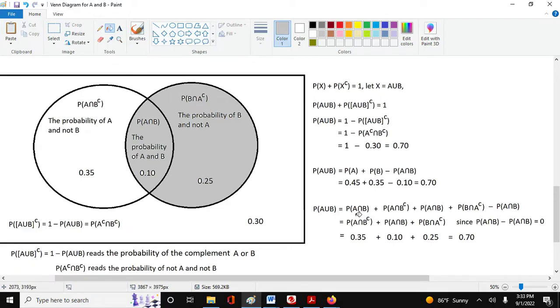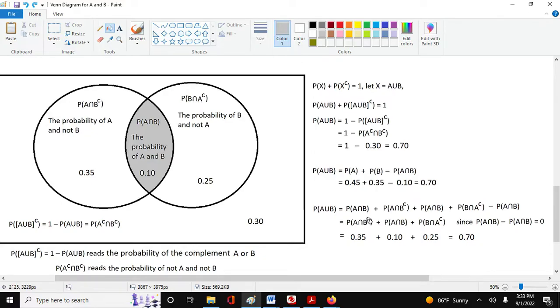We can rewrite probability of A as probability of A and B plus probability of A and not B, and we can rewrite probability of B as probability of A and B plus probability of B and not A. Well, if you noticed, this was added twice. What's in the middle? We have two of those, probability of A and B and probability of A and B. That's why we have to subtract it one time, because we counted it twice.